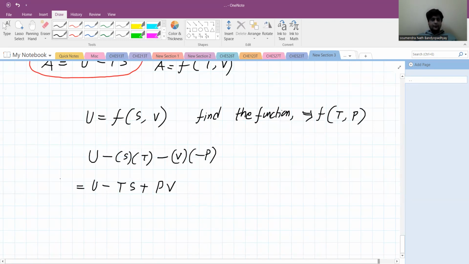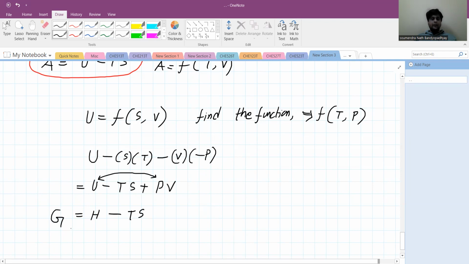So what is the function that is given by U minus TS plus PV? What is its common name? Okay, you can club U plus PV together and say it is H. So H minus TS. Do you remember what is H minus TS? It is nothing but the Gibbs free energy.